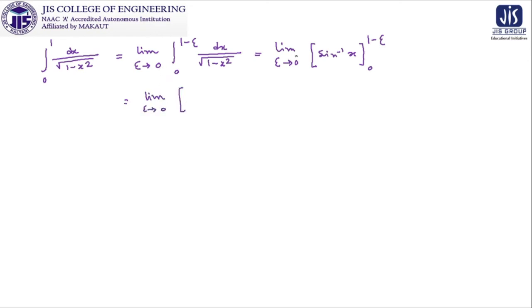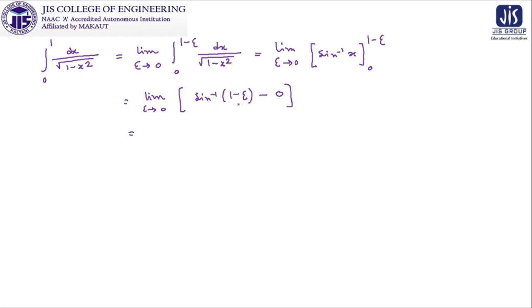So what we get is limit epsilon tends to 0, sine inverse (1 minus epsilon) minus sine inverse 0. Sine inverse 0 is 0, it is the standard formula, we know it. So if epsilon tends to 0, it is sine inverse 1.